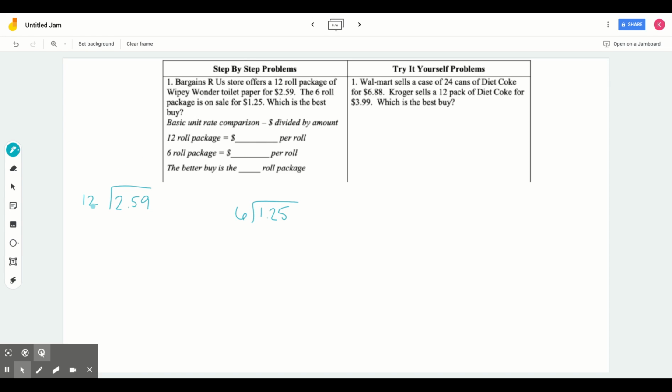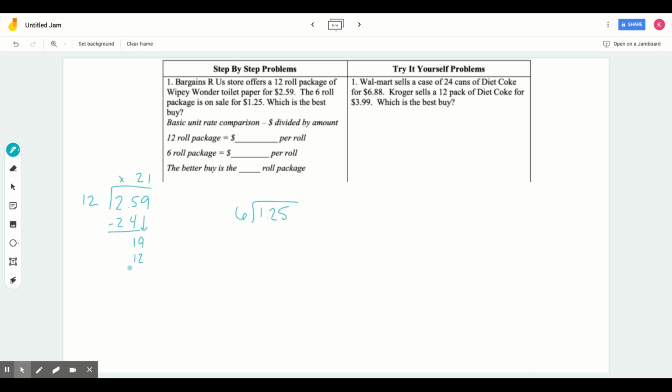As you begin dividing, we know that 12 cannot go into 2, but it can go into 25 2 times. 12 times 2 is 24, and when we subtract, we end up with a 1. We bring down a 9, and 12 can go into 19 one time.